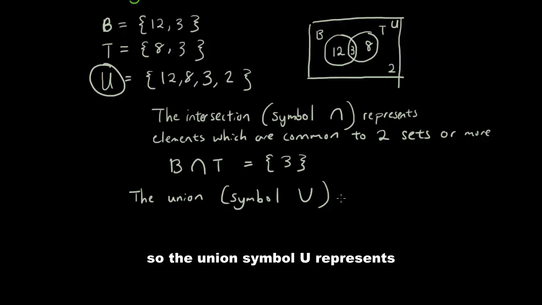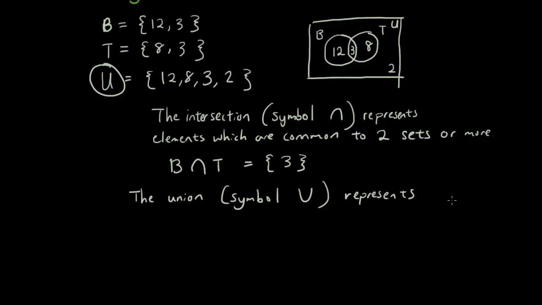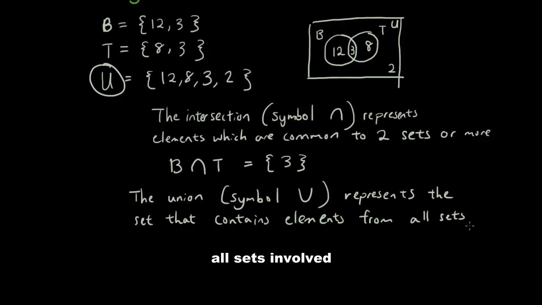So the union symbol U represents the set that contains elements from all sets involved.